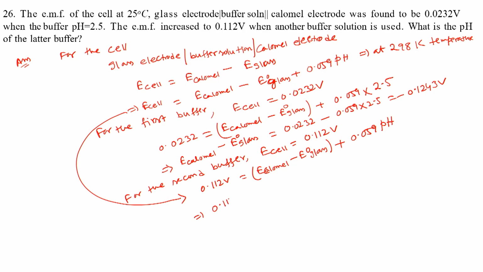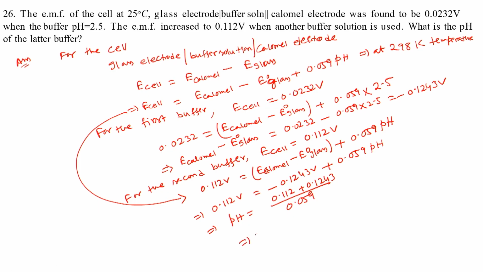So, we get 0.112 volt is minus 0.1243 volt plus 0.059 pH. So, pH will be 0.112 plus 0.1243 by 0.059.